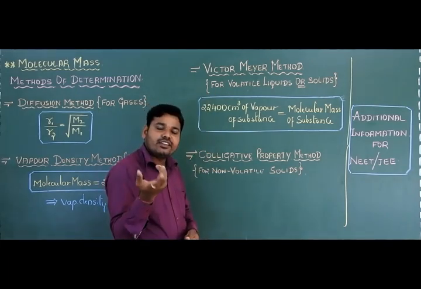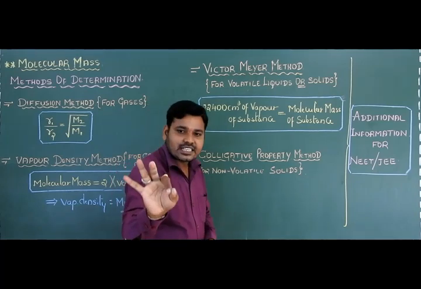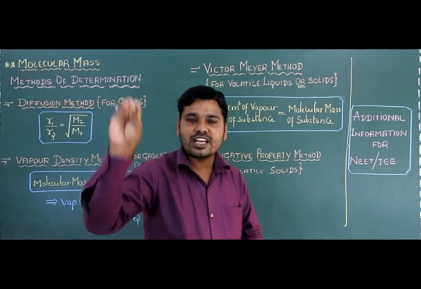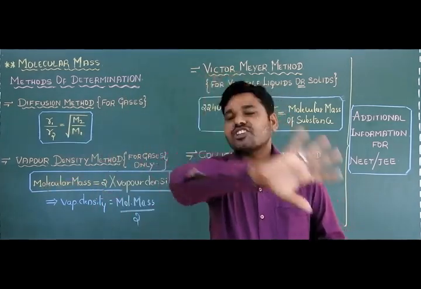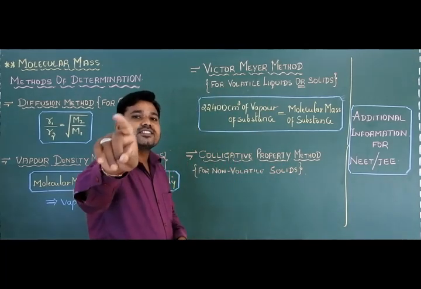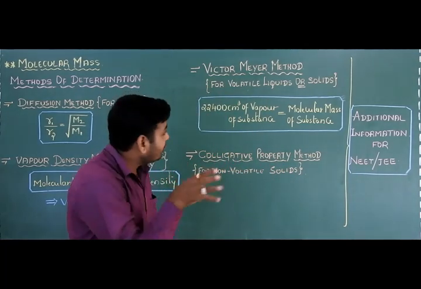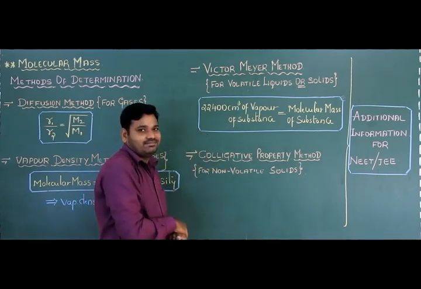And please recall the term volatile. A volatile substance means a chemical substance which easily gets evaporated. Such types of substances are called volatile substances. And we already discussed this volatile in the atomic mass part.